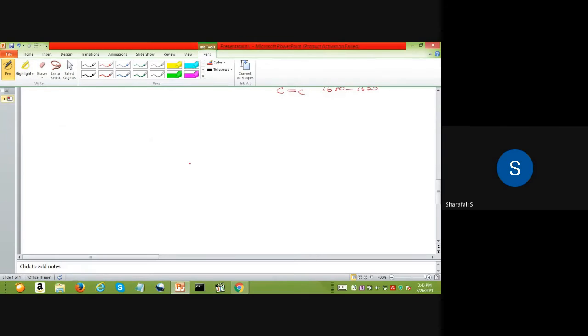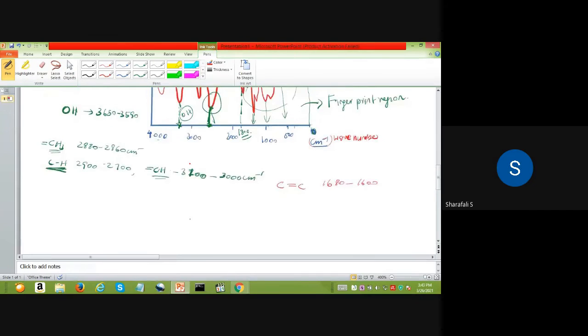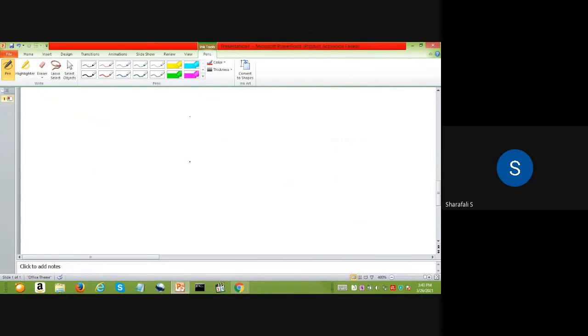Now we will discuss some of the theoretical part of this IR spectroscopy. How is this happening theoretically? I mean, what is the theoretical basis of this particular IR spectroscopy? As I mentioned, when the radiation comes and hits these bonds, if their frequency is matching with their vibrational frequency, they absorb that particular frequency.